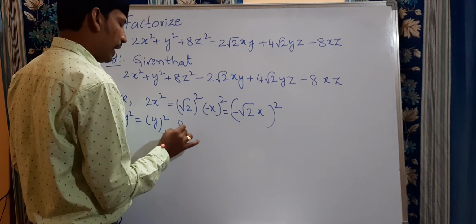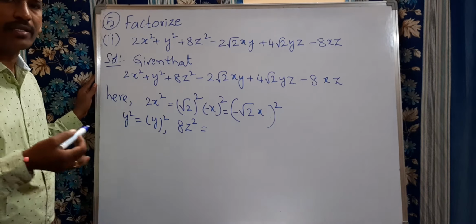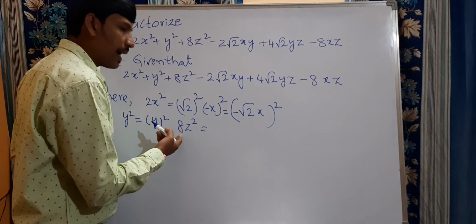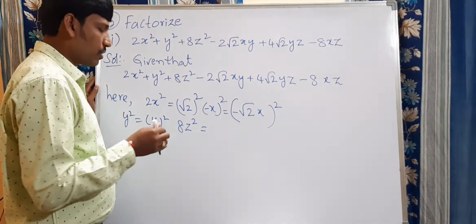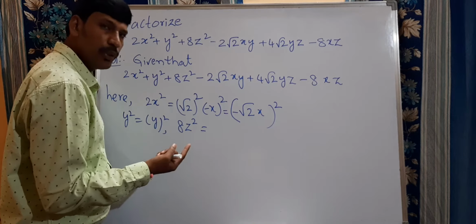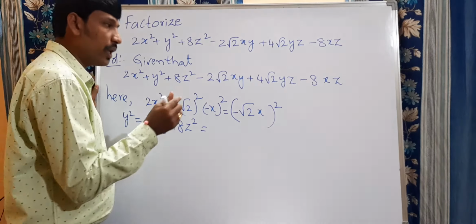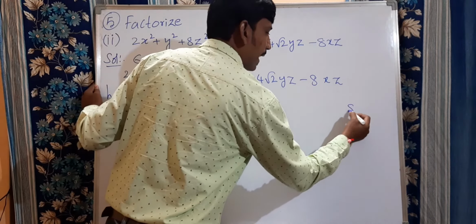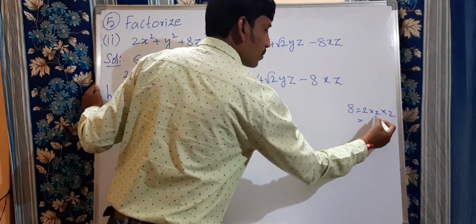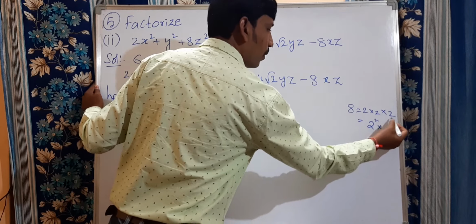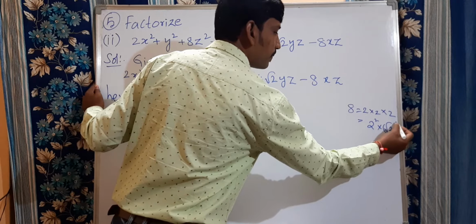Next, 8z square. See this here, 8 can be written as 2 into 2 into 2, 2 cube. So instead of writing 2 cube, I am going to write in terms of square. That is 2 into 2 square into 2, and 2 can be written as root 2 whole square.